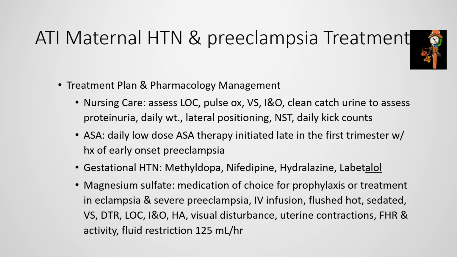Now, when we're talking about preeclampsia, what that means is that someone who's pregnant has developed, and it's usually as the pregnancy heads into the third trimester, hypertension in the setting of also proteinuria, so you're leaking protein into your urine.